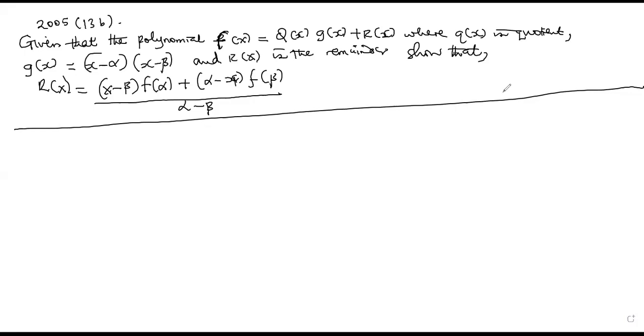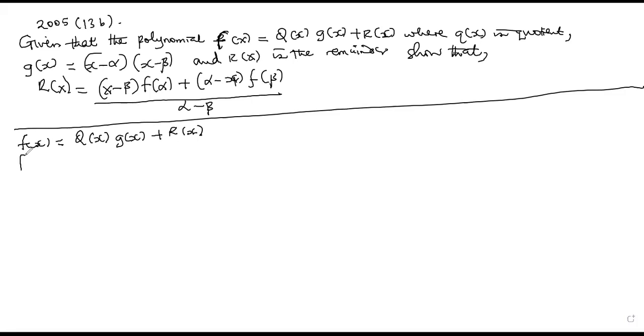It's a matter of knowing that since the divisor is the quadratic, x minus alpha times x minus beta, our remainder is in the form ax plus b. Solution. So we first acknowledge that f of x is equal to q of x times g of x, which is our divisor, plus r of x. But at the back of your mind, since the divisor is a quadratic, r of x should be in the form ax plus b.